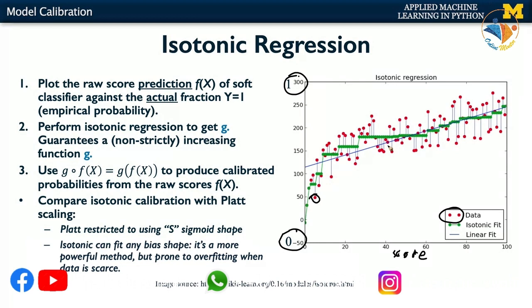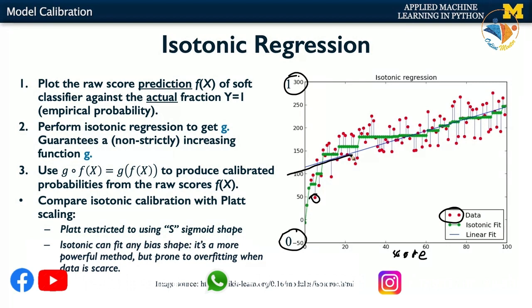And you can compare the isotonic fit to these data points with a simple linear fit. So like most regression situations, a linear fit is good at capturing certain kinds of global trends, but isotonic regression can capture more complex structure in the observed relationship between the classifier score and the empirical probabilities.